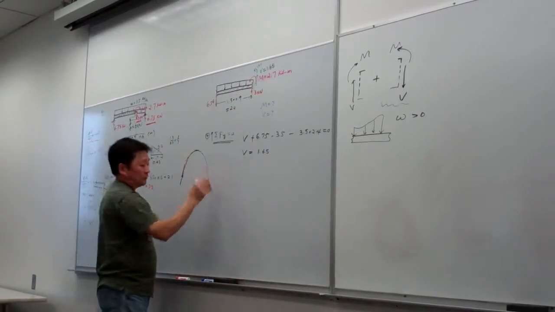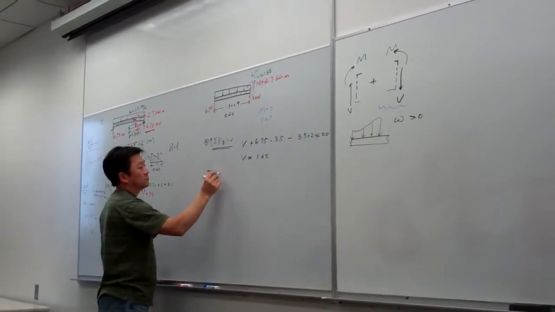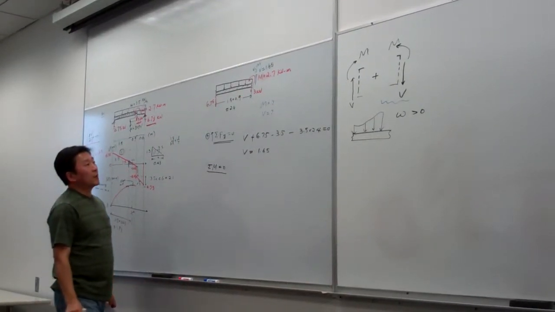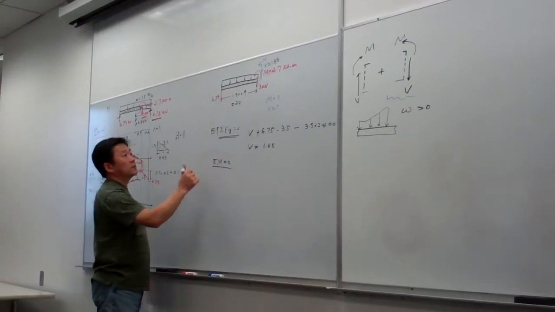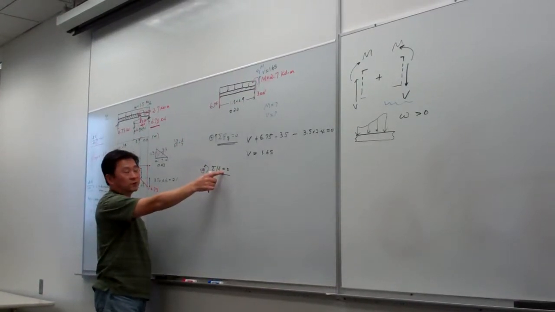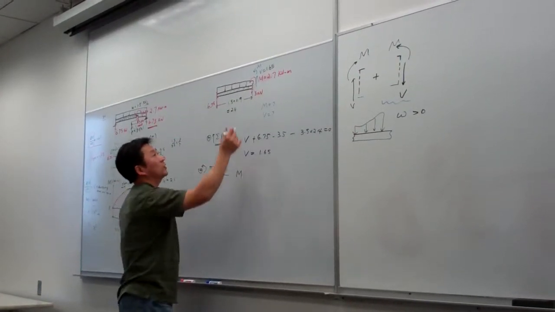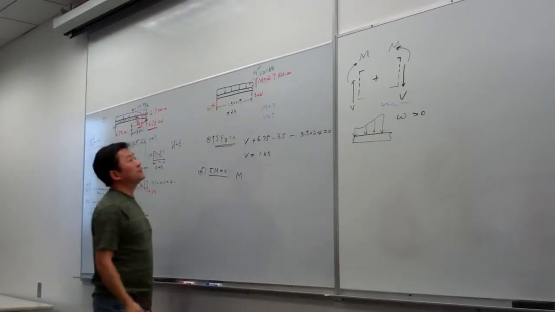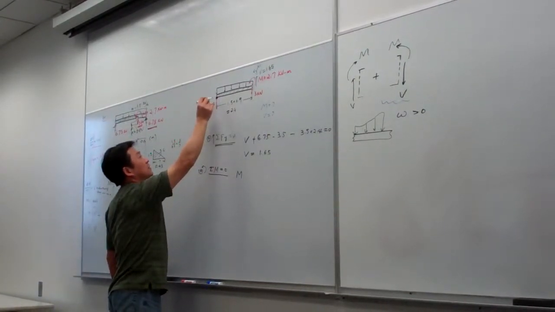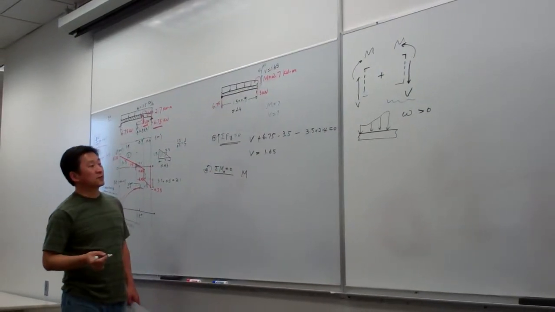And now for M, we take the moment equal to 0. And again, for the formulations, we take this as a positive in our formulation of the equilibrium equations. So the first one is M, what we have here. So let me cross out this one, and say, let me take the moment about this point equal to 0. So about this point, the left side equals 0.